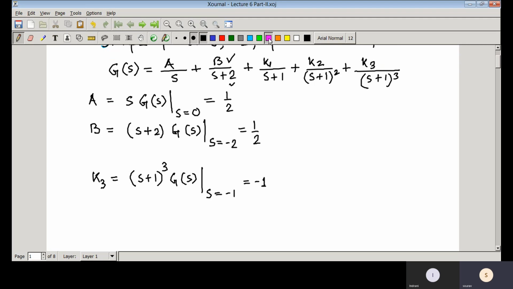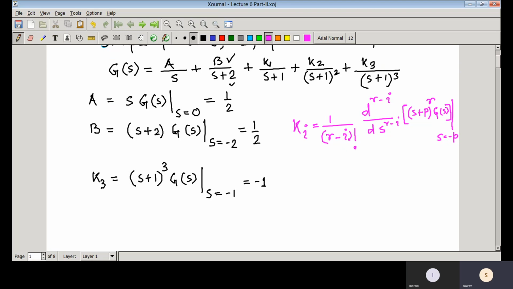So here I can write that formula: Ki equal to 1 by (R minus i) factorial, d to the power (R minus i) by ds to the power (R minus i), of (s plus P) whole to the power R G(s), and you find it at s equal to minus P.